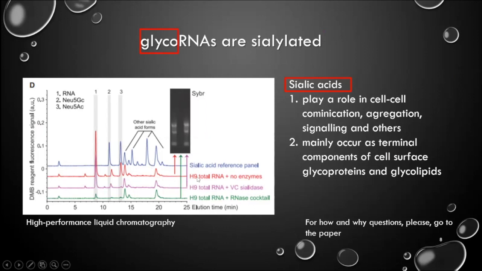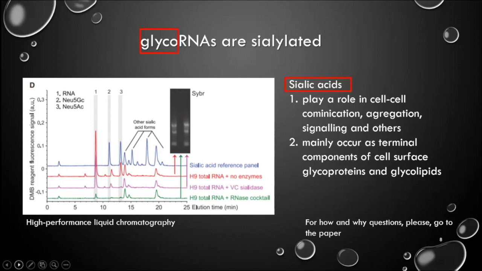In the presence of no enzyme, the authors saw signals at the RNA and two known sialic acids, Neu5Gc and Neu5Ac. They confirmed that by sialidase treatment and RNase cocktail treatment, those peaks disappeared.